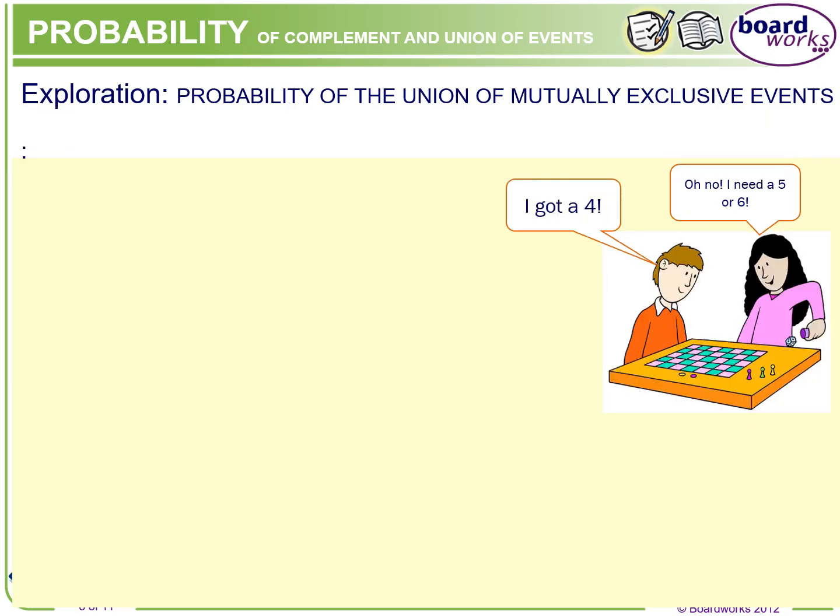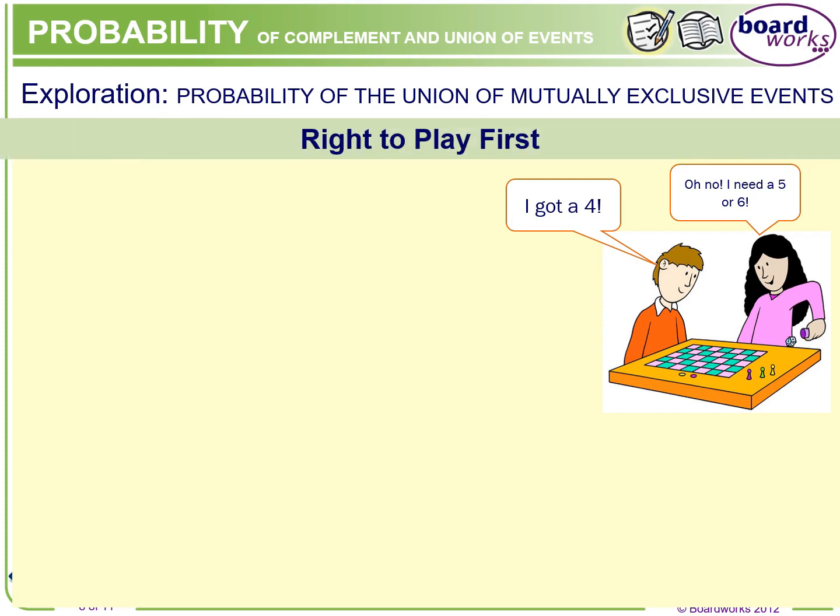elements. The probability of 2 mutually exclusive events is found by adding the probability of each event. Thus, in Indira playing first, we add the probability of a die showing a 5 and the probability of a die showing a 6.